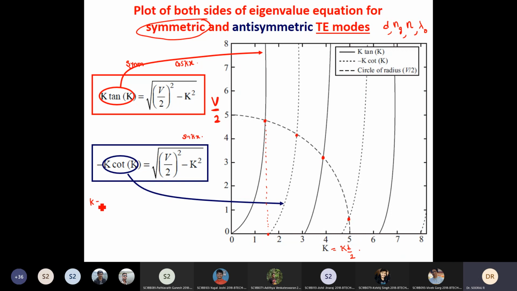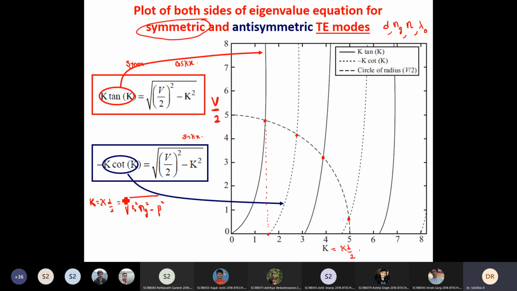So capital K is given by kappa into d by 2, which is nothing but, and what was kappa? Root of k naught square ng square minus beta square.